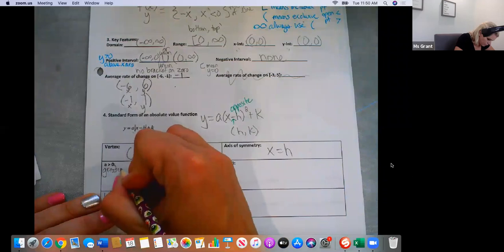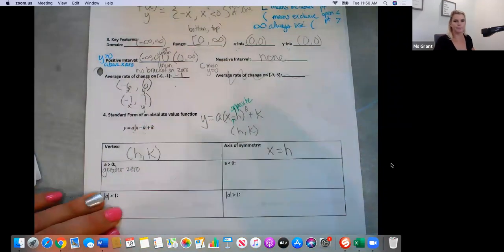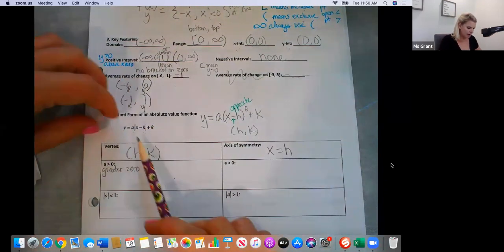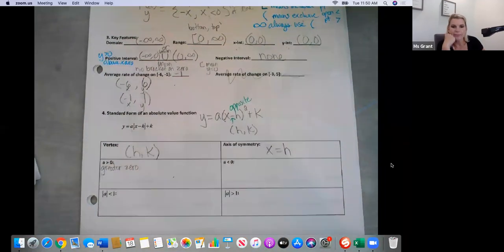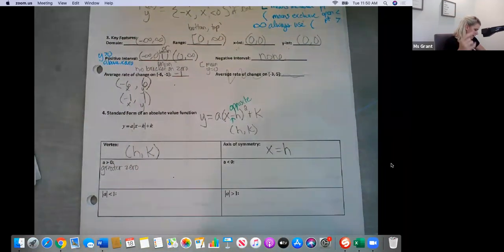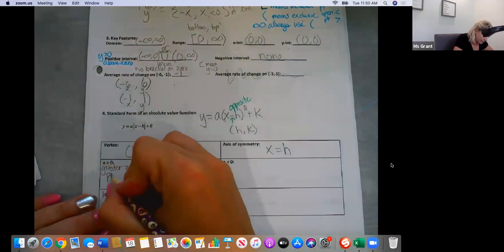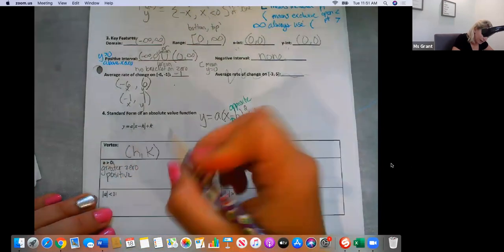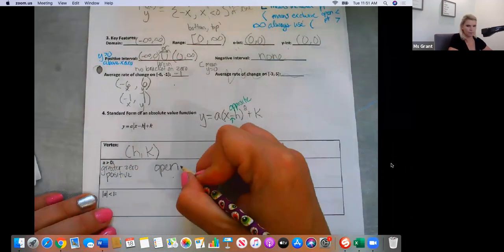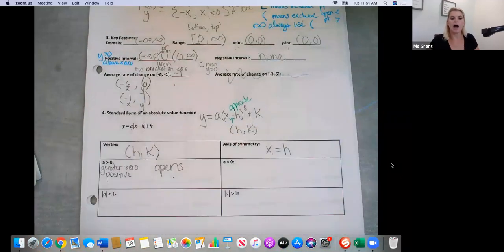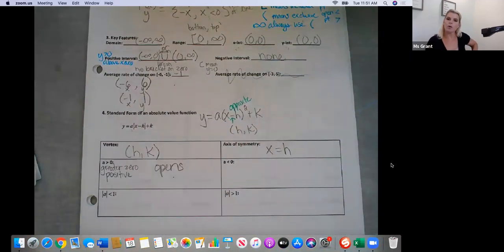Then, what about my A? My A is always in front. If my A is greater than 0, like if it's positive, guys, how is my graph going to open? Volunteer. If it's a positive A, how will my graph open?